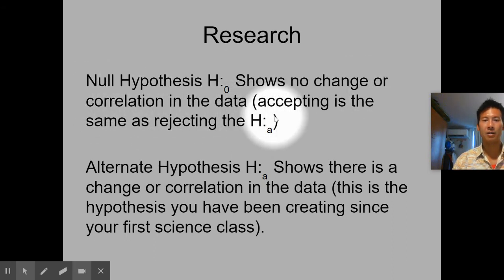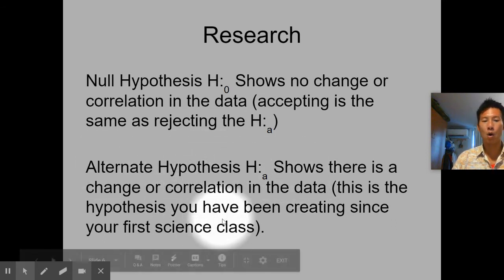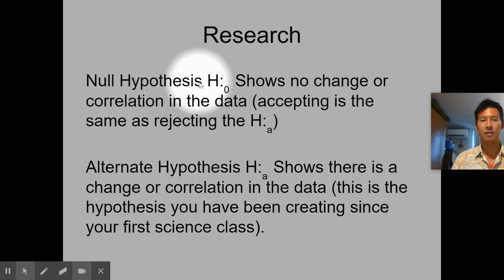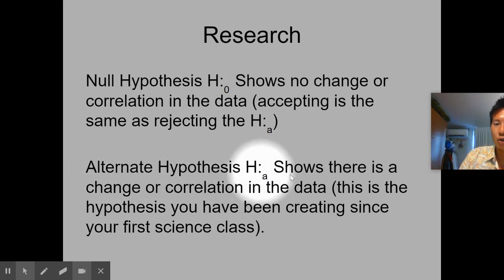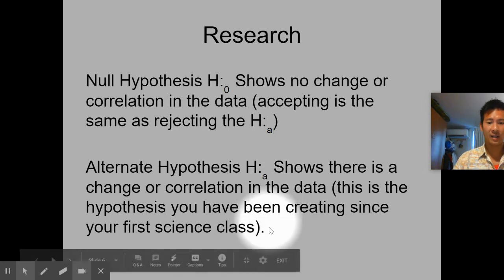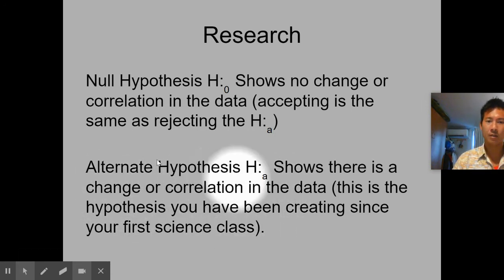Now, the easiest way to do this is to first create your alternate hypothesis. It's funny that you always write your alternate hypothesis below the null hypothesis. The reason for that is because your alternate hypothesis shows change, shows results, shows what you want. If you put this first, it shows a bias, and that's what science really does not want.